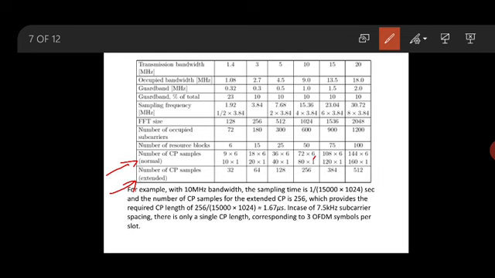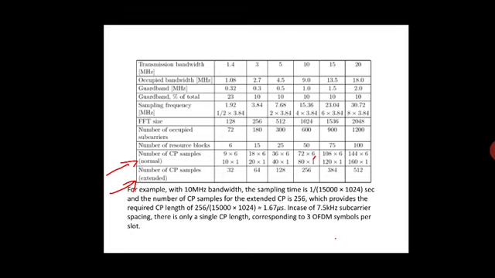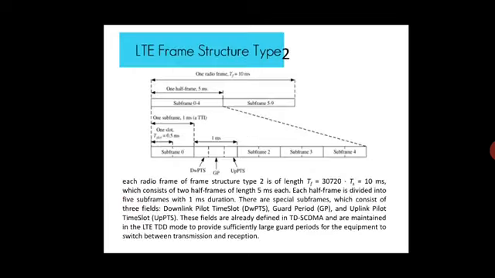In case of 7.5 kilohertz subcarrier spacing, there are 3 OFDM symbols per slot. I hope this is clear; the table will be provided by the manufacturer, in which for each number of samples you can see how much the duration will be.